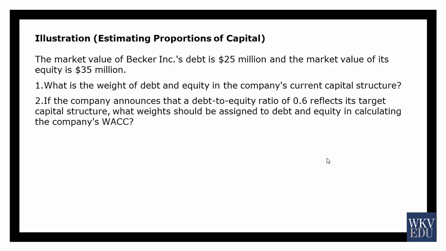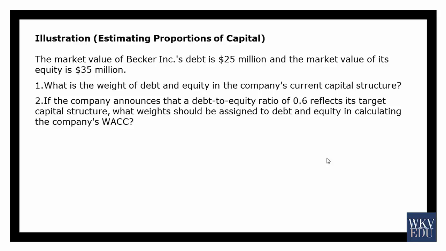If the company announces that a debt equity ratio of 0.6 reflects its target capital structure, what weights should be assigned to debt and equity in calculating the company's WACC? So they are saying that debt to equity is 0.6 and therefore the weight of debt will be 0.6 by 1.6. If we take it in ratio form, if debt by equity is 0.6, then equity is 1.